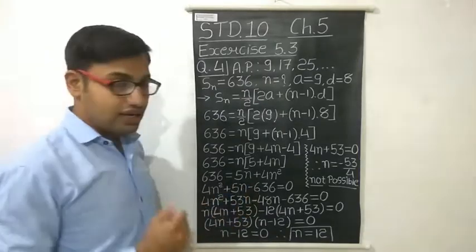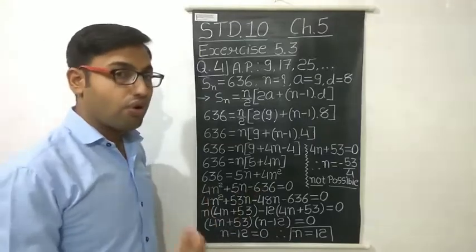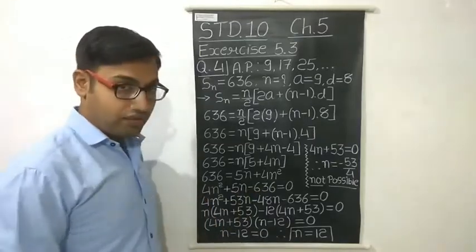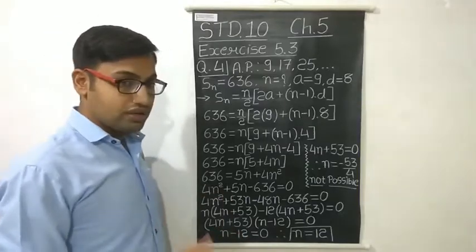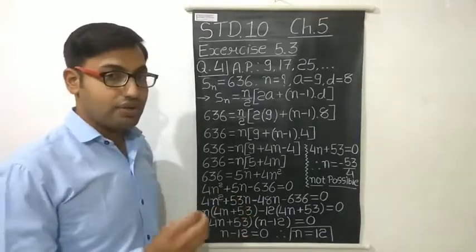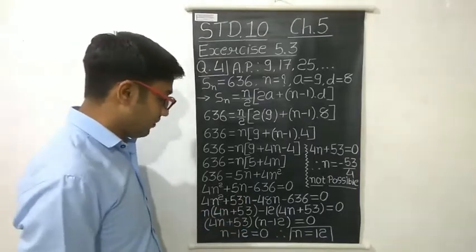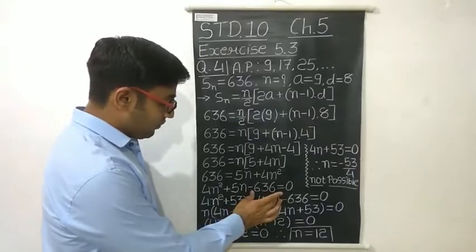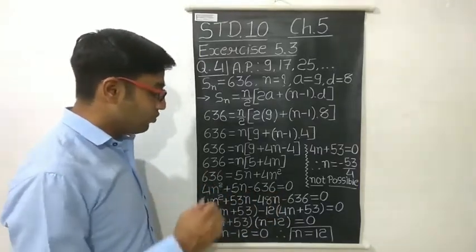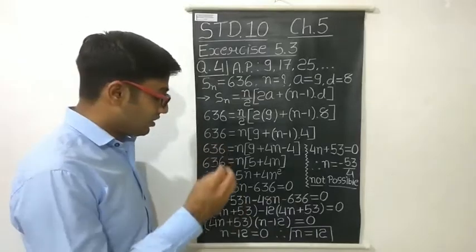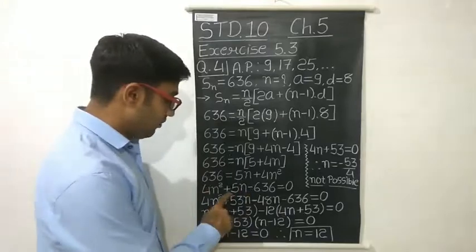We can solve this quadratic equation by the splitting the middle term method, or using the quadratic formula, or by completing the square. Okay, you can solve this quadratic equation by any method. So here we will use the splitting the middle term method. So multiplication of 636 and 4, whatever we get, we have to factorize that number such that the subtraction of the factors will become 5.